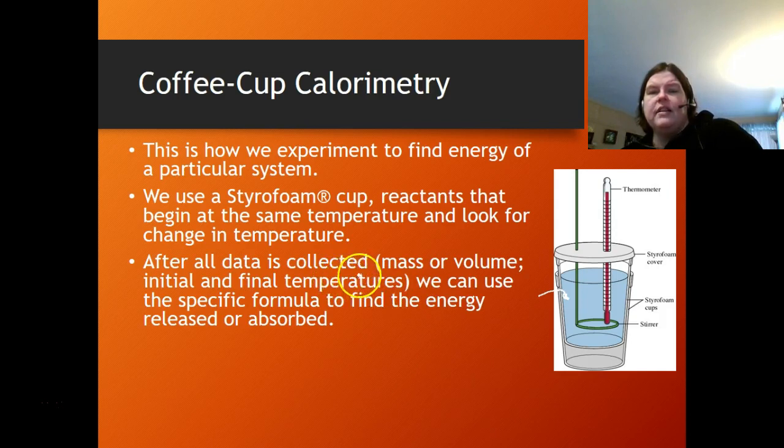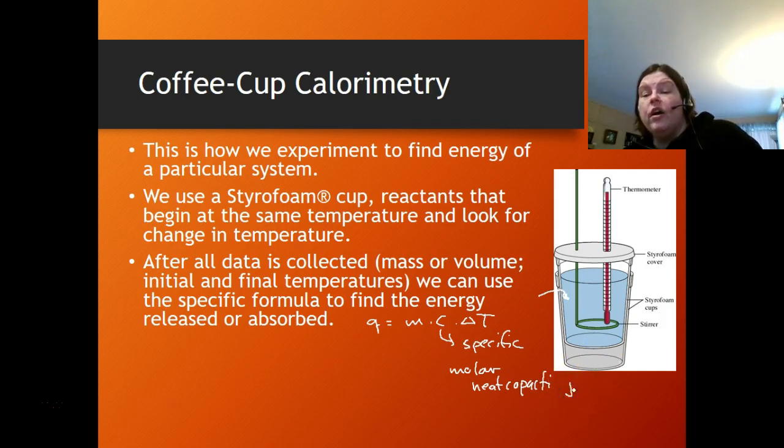After the data is collected, we can use mass or volume and initial and final temperatures to find the energy released or absorbed. Remember, Q is equal to M times C times delta T, where C is the specific heat. There is also molar heat capacity, which is the heat capacity per mole.